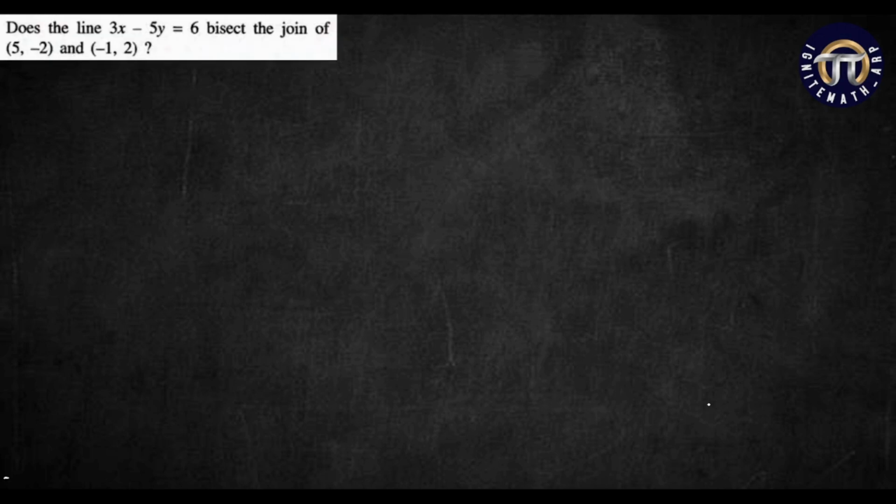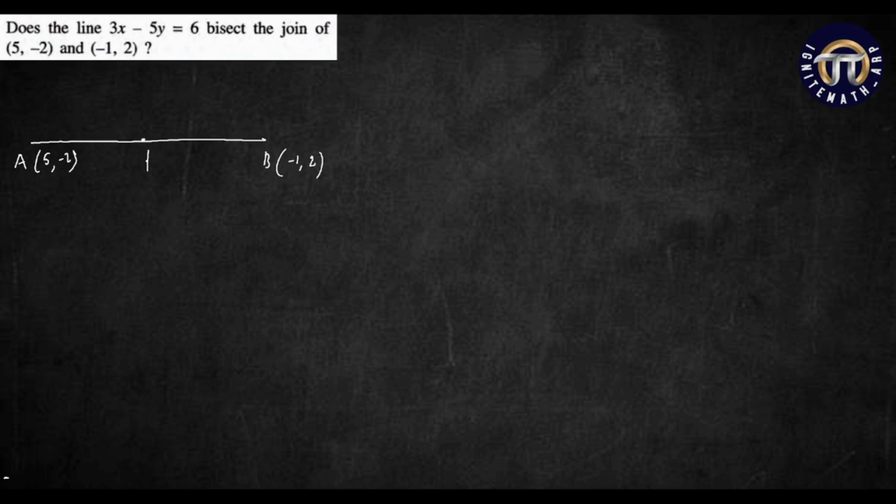Does the line 3x minus 5y equal to 6 bisect the line joining 5 comma minus 2 and minus 1 comma 2? So here they are asking us a question. The endpoints of the line AB, I'll just consider it as A, 5 comma minus 2 and B, minus 1 comma 2.